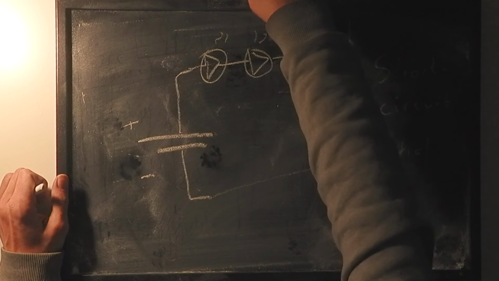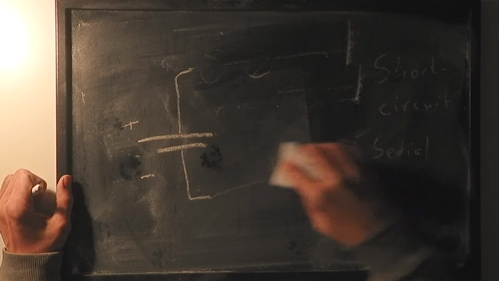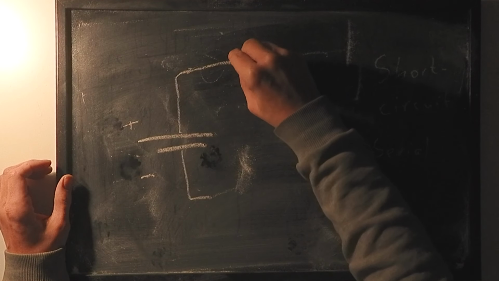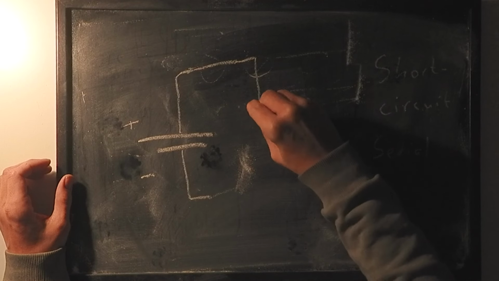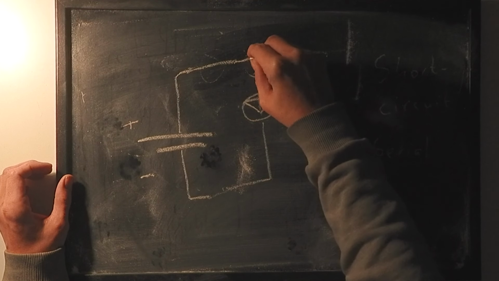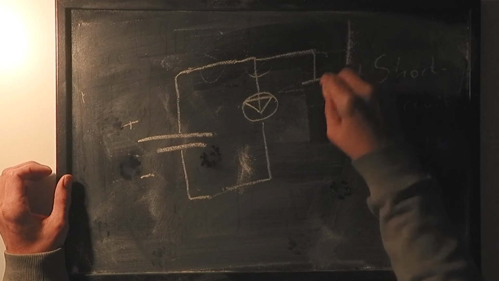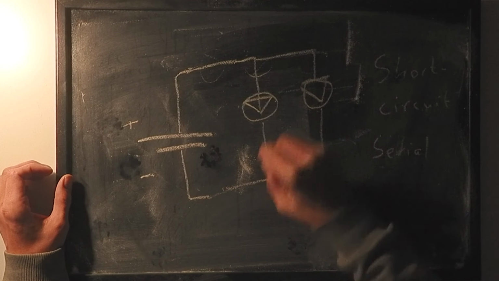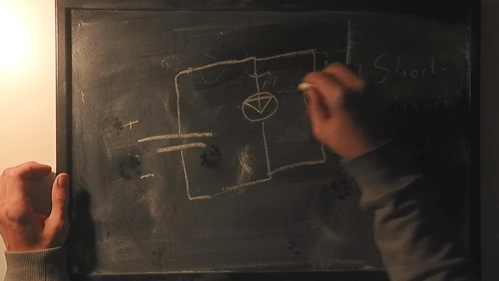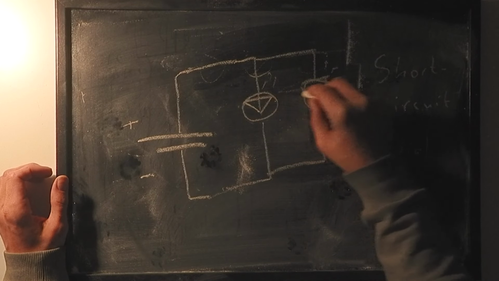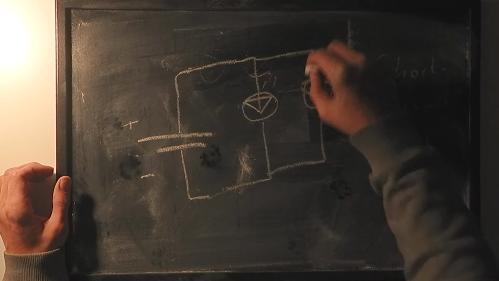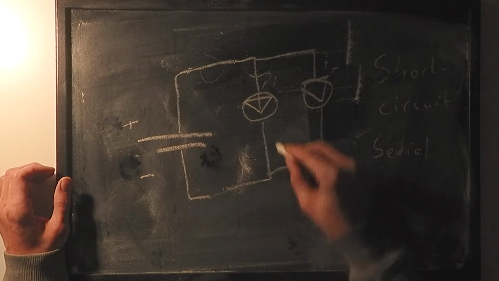But we can also do a parallel connection, which would look something like this. So we have the first one like this, and then we connect the second one something like this. So the one side of the LED lamp is connected to the plus side, and both of these are connected together to the plus side, and same for the minus side.